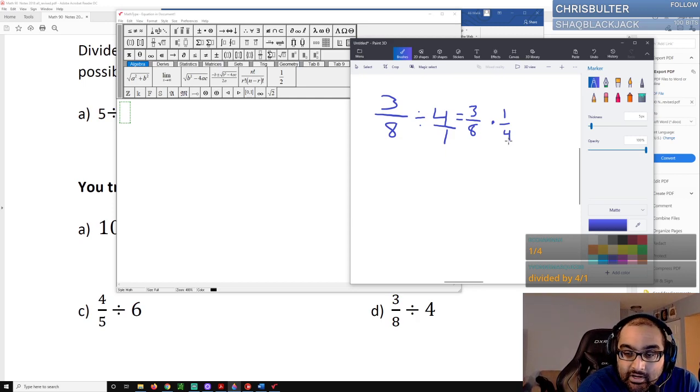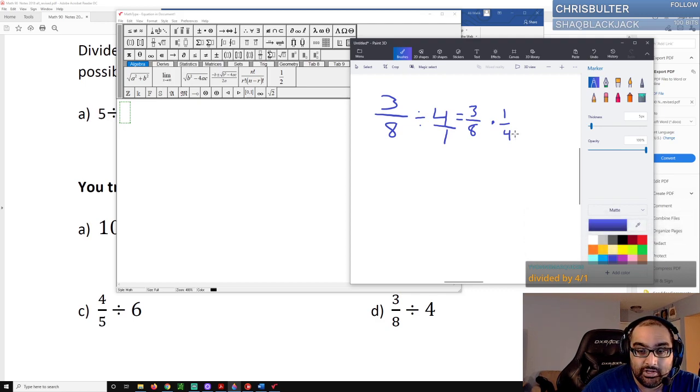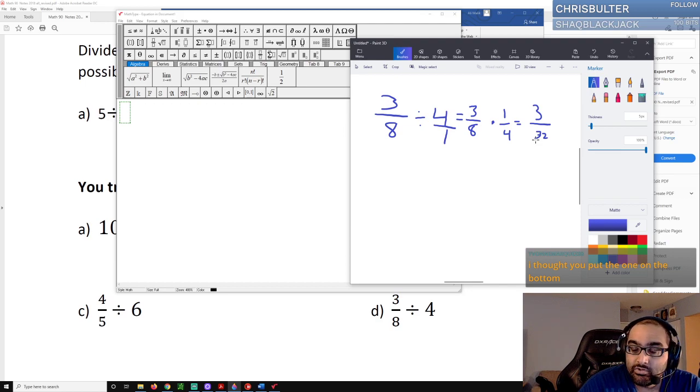Now here's the trick behind this one. This one doesn't have anything in common. 3 doesn't go into 8, and 3 doesn't go into 4. So we're just going to multiply straight across because there's nothing to reduce here. And so our final answer is 3/32. So I put the 1 on the bottom.